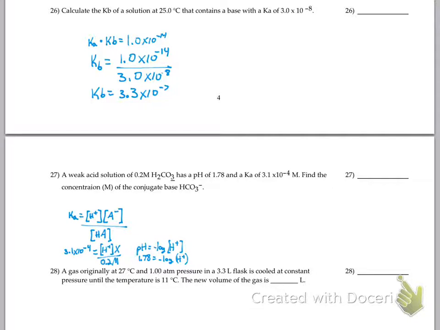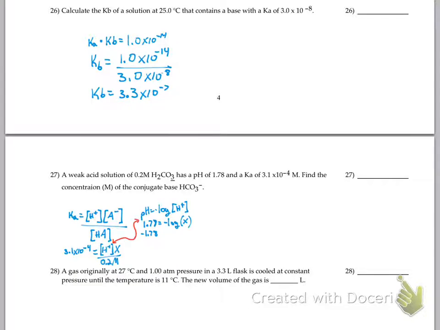So I'm going to do that up here also. Okay, I reset it. So here is our pH equals the negative log of H plus, and the pH being 1.78. Now I can solve for X as my hydrogen plus concentration.